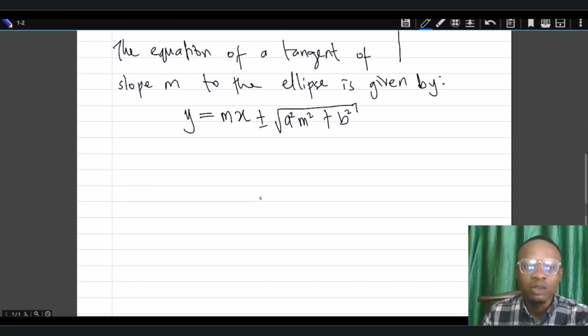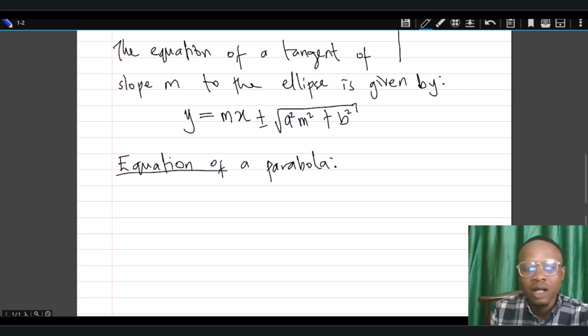So now let's quickly discuss those things we need as for the case of the parabola. So we know that the standard form of the equation of a parabola is generally given by y squared equals 4ax.